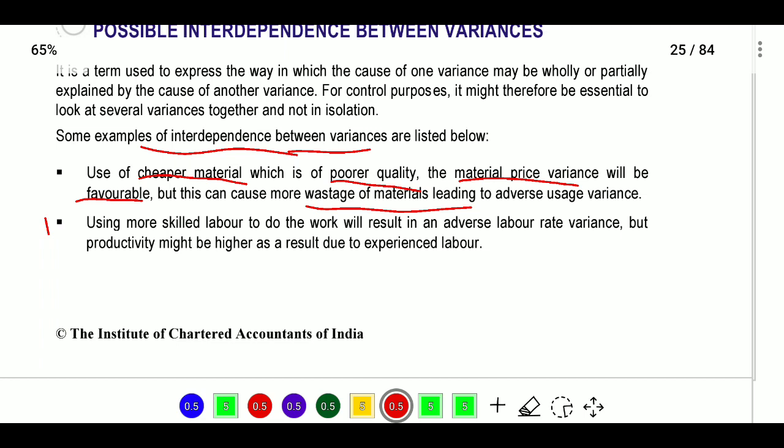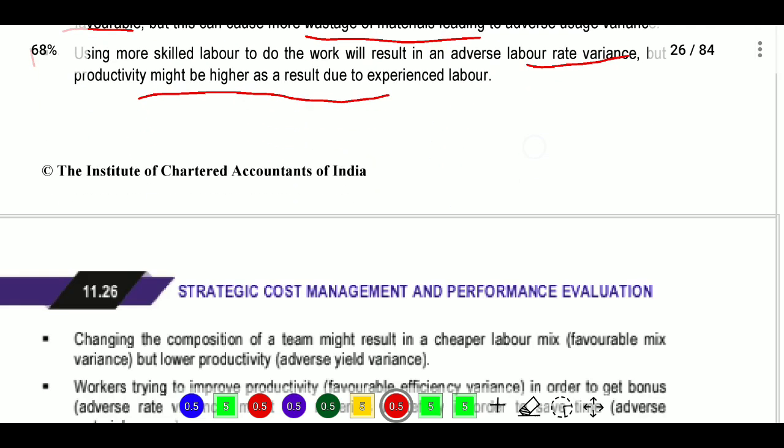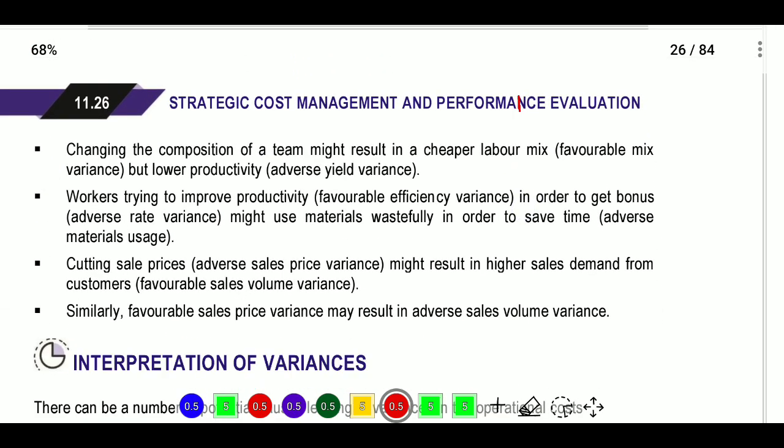And using skilled labor to do the work will result in an adverse labor rate variance, but productivity might be higher as a result of experienced labor. This is the possibility of interdependence. Next, changing the composition of teams might result in a cheaper labor mix, but lower productivity will come.